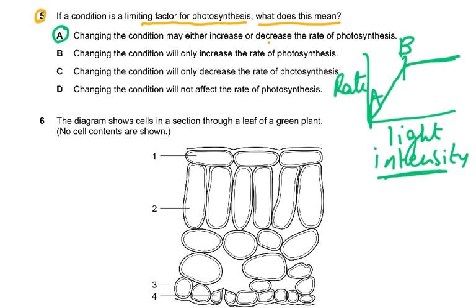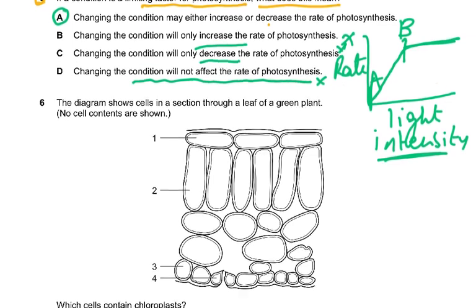So a limiting factor is when a change in the condition may either increase or decrease the rate. And of course, this was totally wrong: changing the condition will not affect the rate of photosynthesis. This was wrong: changing that will only decrease. And this was wrong too, because it can increase or decrease the rate of photosynthesis. Temperature increasing does decrease the rate of photosynthesis.